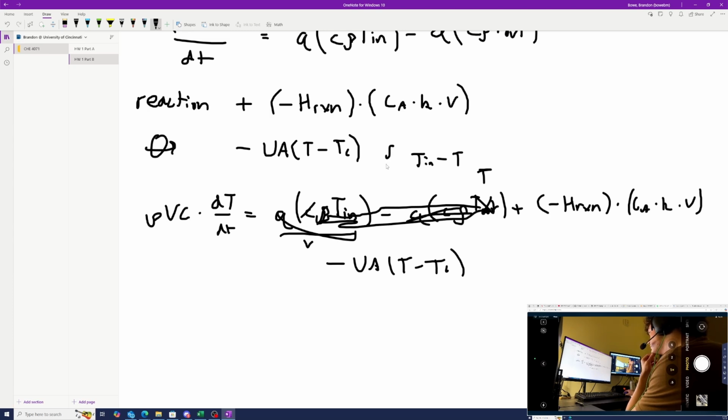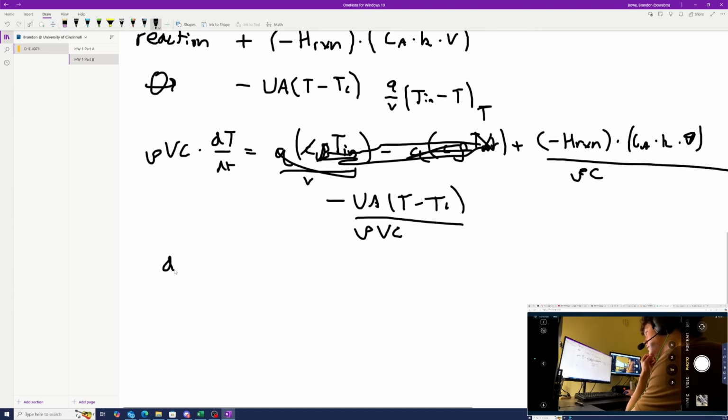So we have Q over V times the difference in temperature, and then plus heat of reaction times CA k V. So we only get rid of V here, leaving us over rho C, and here we have nothing to cancel out, so we have over rho V C.